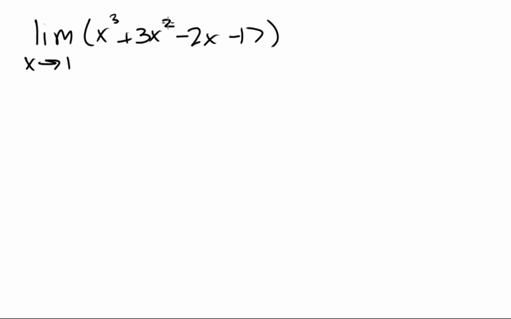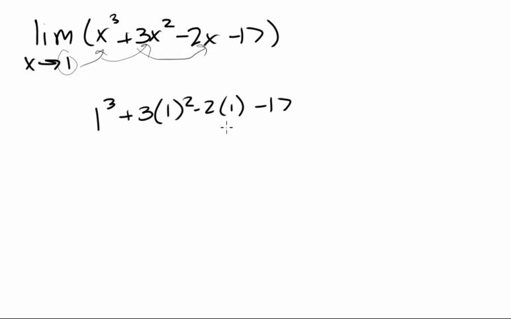Alright, so here we have a degree 3 polynomial, but again, all we got to do is take 1, put it there, and there, and there, and then evaluate it. So we'll have 1 cubed plus 3 times 1 squared minus 2 times 1 minus 17. 1 cubed is 1. Then we have plus 3 minus 2 minus 17.